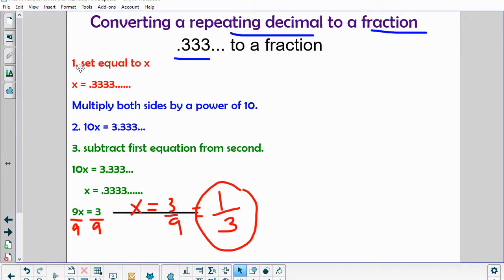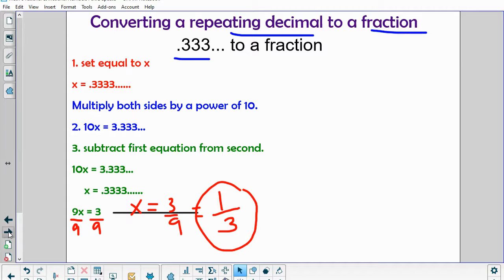That ends up being 10x minus 1x, which is 9x. And all of these decimals minus these decimals leave us with just 3. Then we divide both sides by 9. And so our final answer is 3/9, which simplifies to 1/3. So in other words, the repeating decimal 0.33333 simplifies to the fraction 1/3.